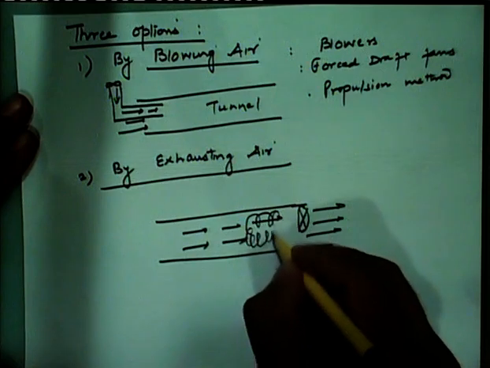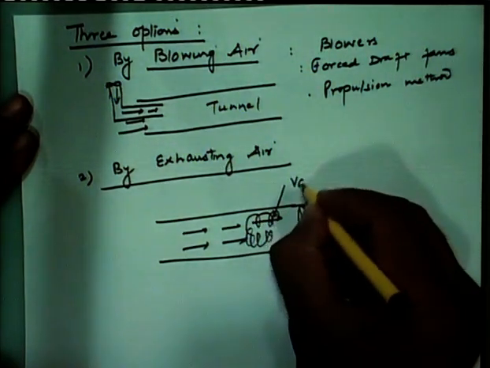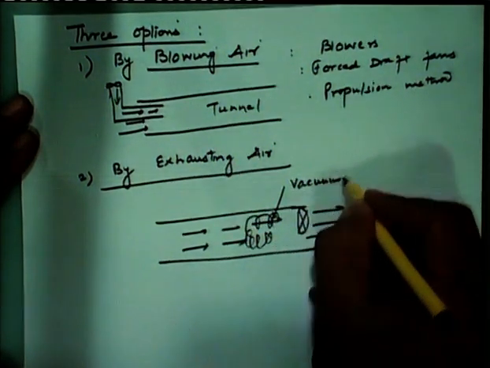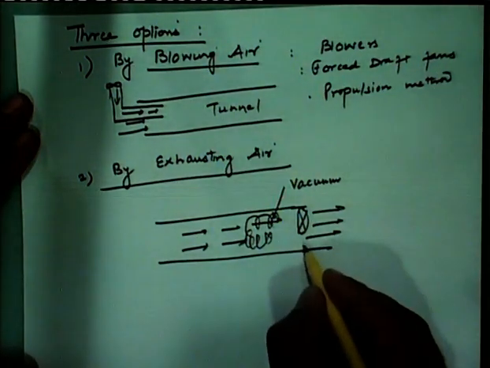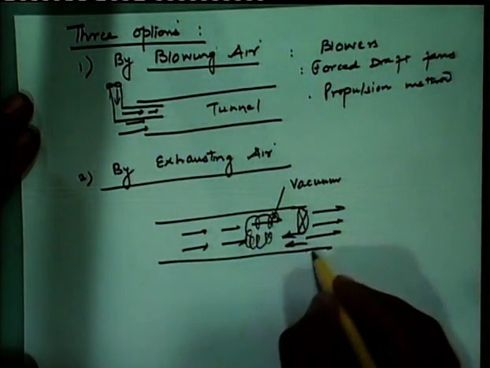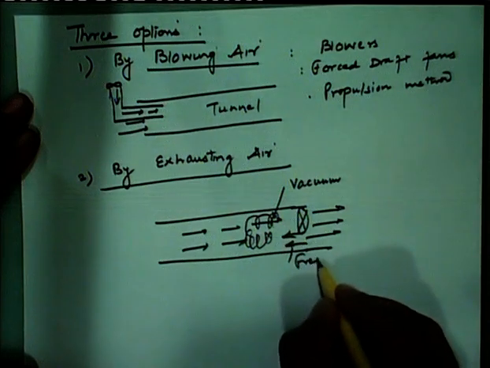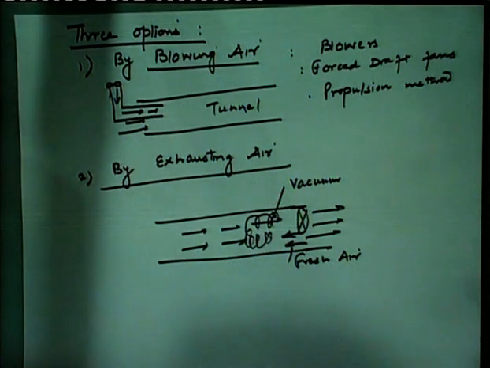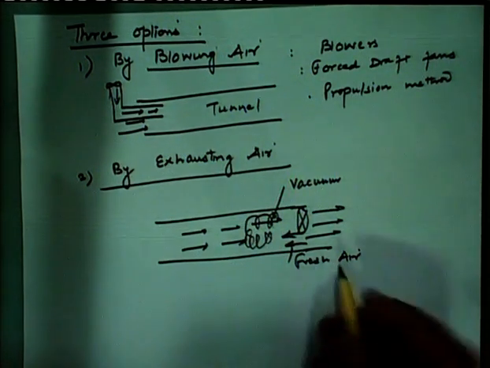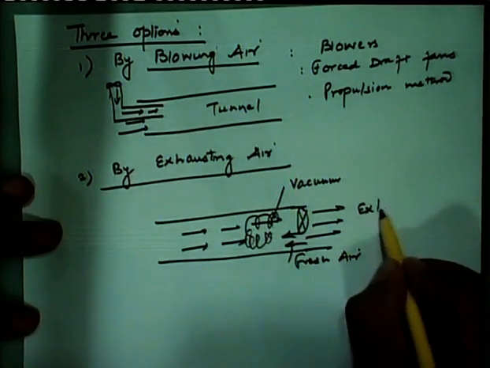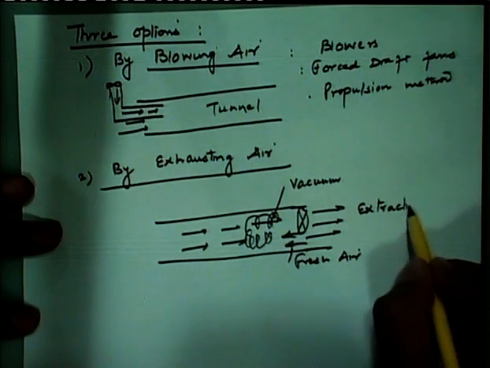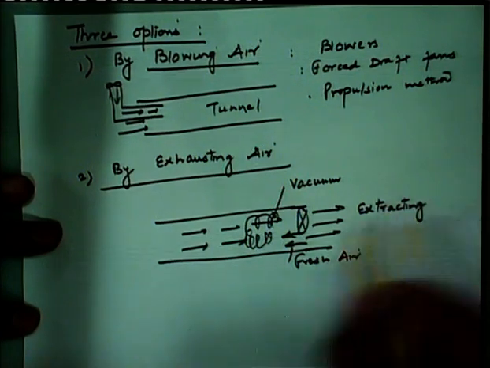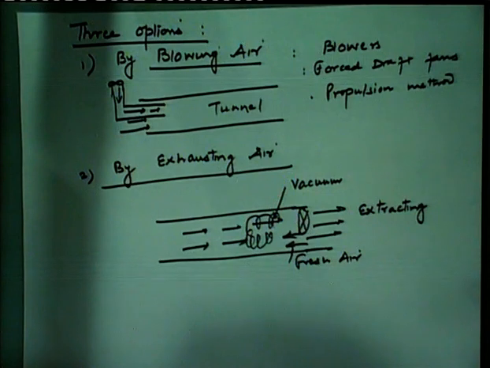Due to this, fresh air is drawn inside. In this method, basically we are extracting the poisonous gases or bad odors outside the tunnels. This is the second way we do mechanical ventilation.